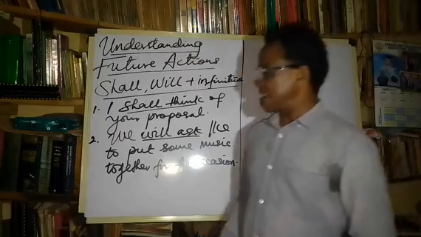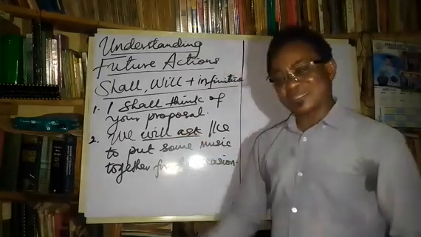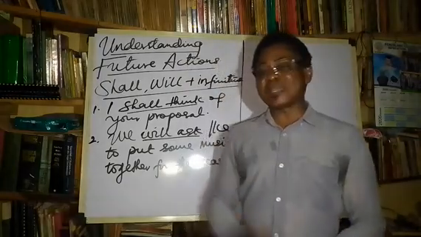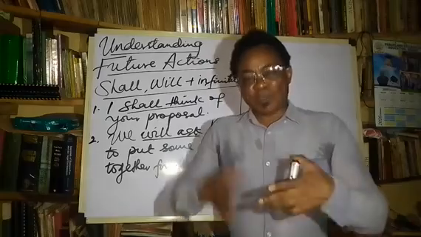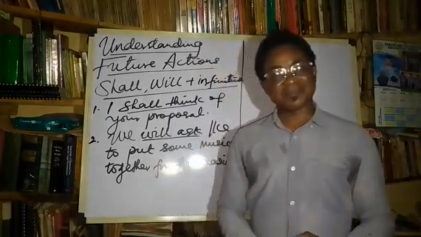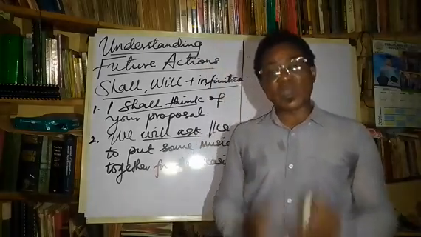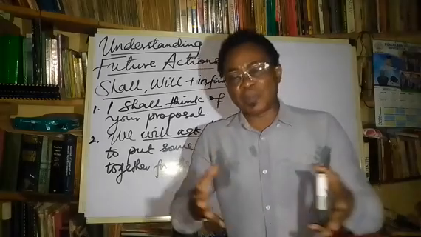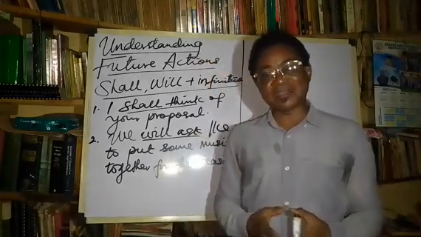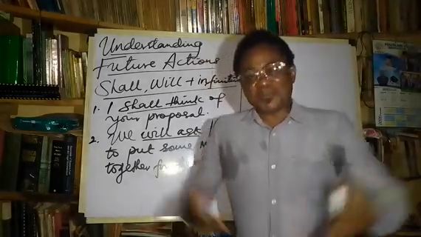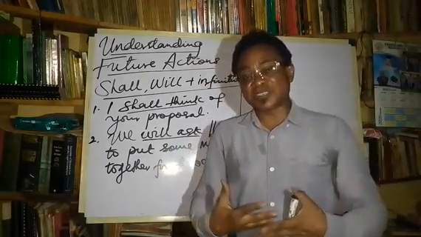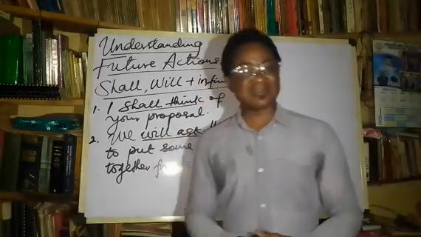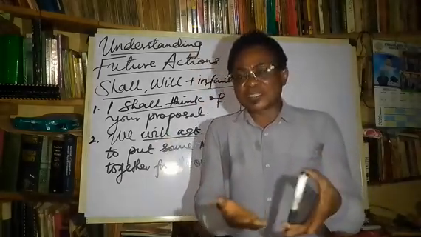However, if I say, I will think of it, the listener is to understand that I have made a promise or I have expressed my willingness to do something. That's the difference. So I shall do something implies a probable action. That is one that may or may not happen. There is no commitment to take any action on the part of the speaker. However, I will carries an undertone of promise.